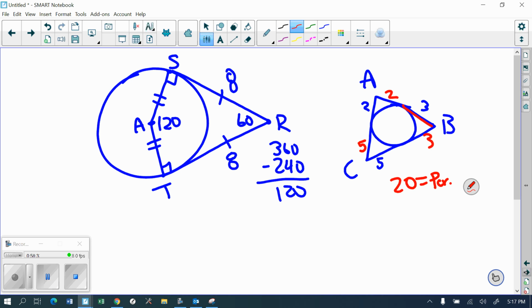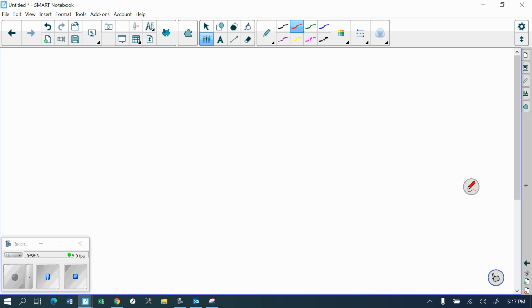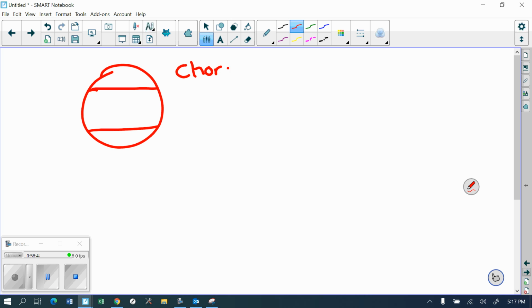Other things with circles. If I have two chords, this is a chord, a segment connecting 2 points on the circle.